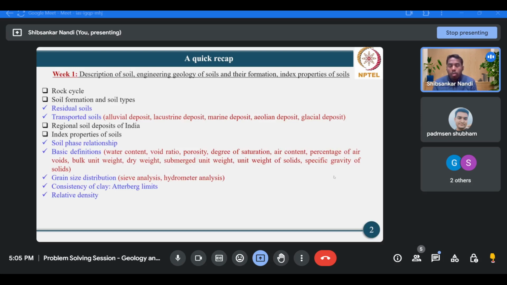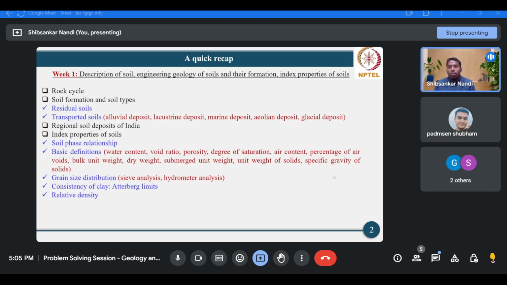If you have gone through the lecture videos which are uploaded in the course portal, then you can see these are the topics which we have learned from week 1. So description of soil. As a whole, we can summarize: description of soil, engineering geology of soils and their formation, and index properties of soils.